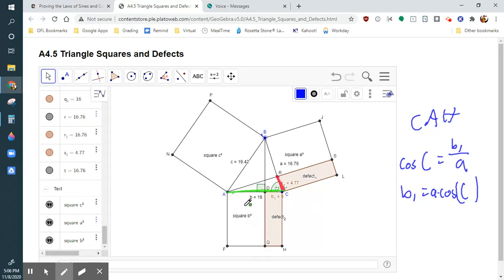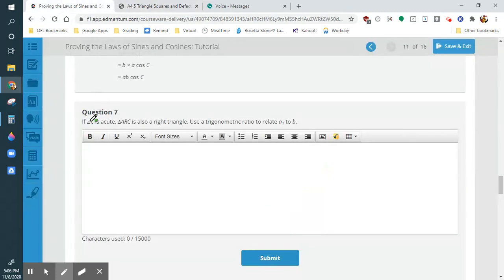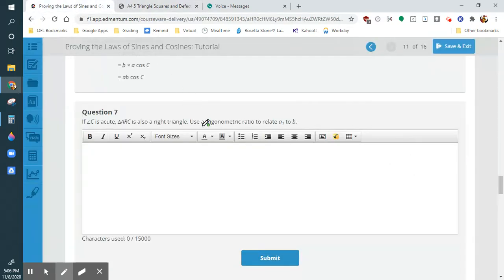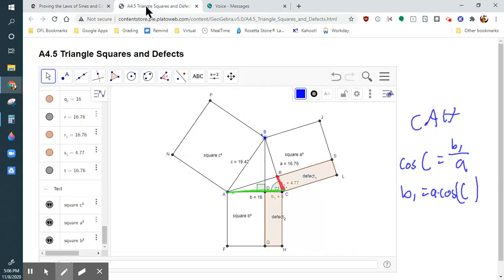Okay, so when we're doing that, we're going to have to use this angle A. Or does it want us to? If it's an acute triangle, ABC is a right triangle. Yeah, we know that. So it's a right triangle with that. Okay.